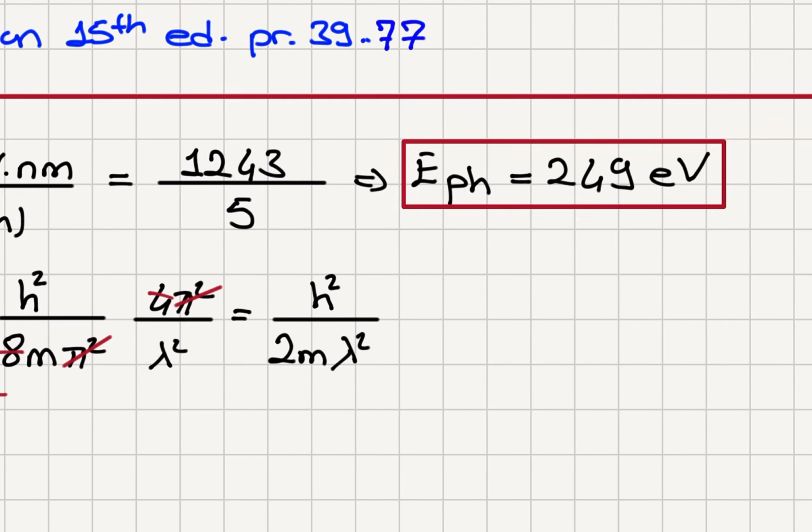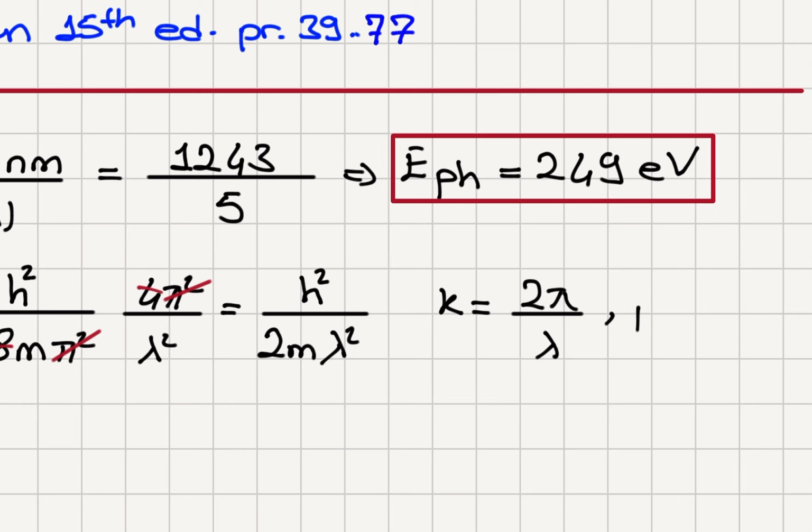So here our wave vector k has a magnitude 2 pi over lambda, and the electron momentum p is h bar times k, the wave vector k. This is actually a vector equation.